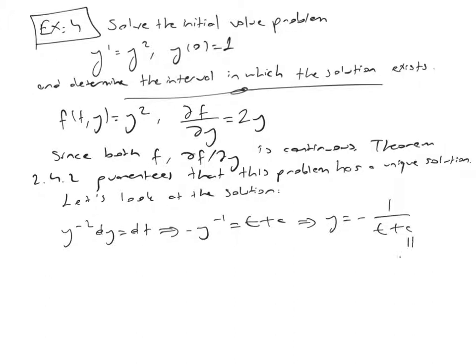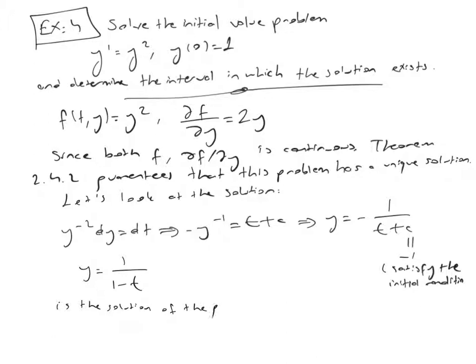C is equal to minus 1 in order to satisfy the initial condition. So y is equal to 1 over 1 minus t is the solution of the given initial value problem.